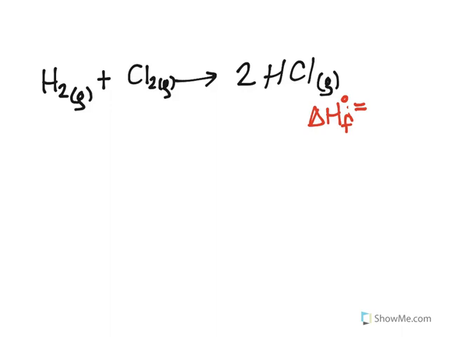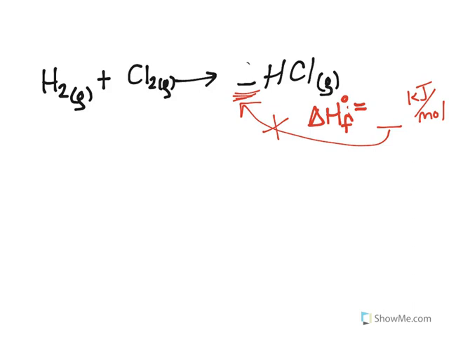Now, what you have to remember is the units for the standard enthalpy of formation is kilojoules per mole. So this energy value does not reflect that reaction. It only reflects a reaction where the coefficient of HCl is 1. So, what do we do? Very good, you guessed it. Cut everything in half.